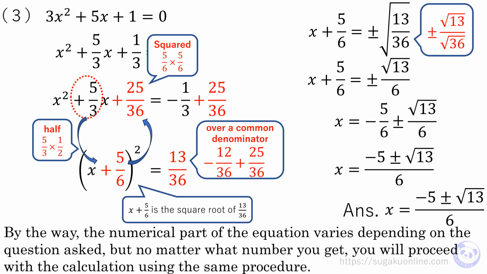By the way, the numerical part of the equation varies depending on the question asked, but no matter what number you get, you will proceed with the calculation using the same procedure.